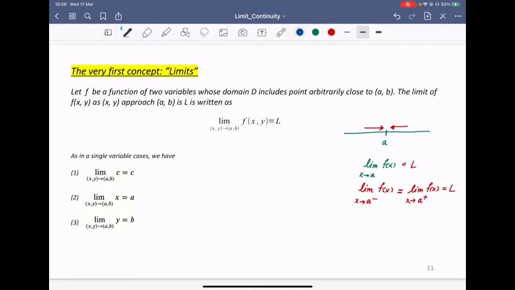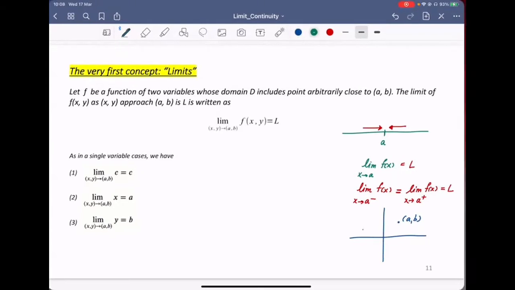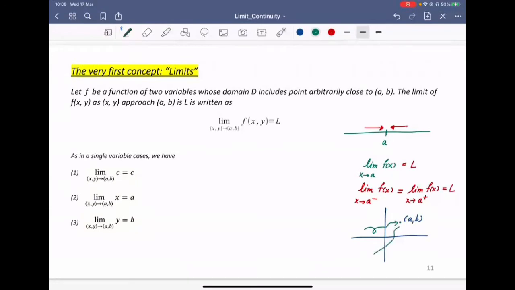But as I told you last time, this is not easy for two dimensions, because once you have the point (a,b) here, you will have so many lines that you can approach (a,b) along. You can approach (a,b) from any line you want. It is not going to be just left hand and right hand, because you can have any line as long as they approach (a,b).